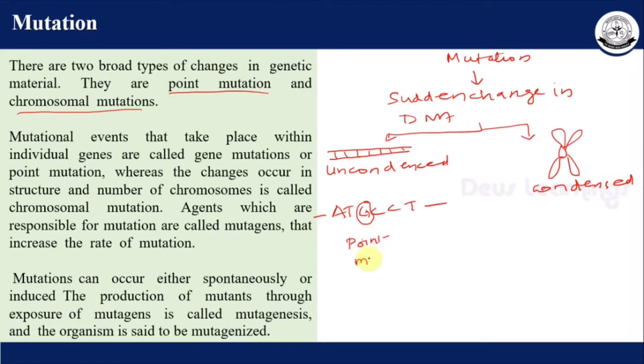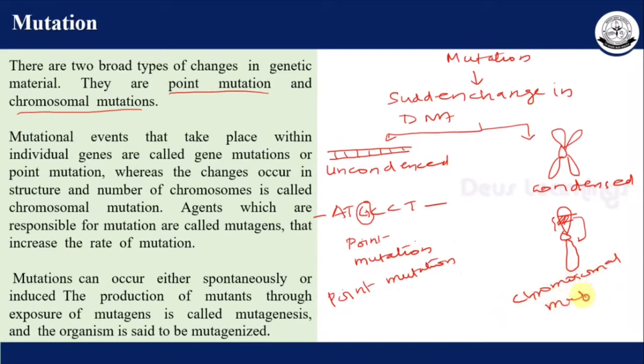If something happens to a segment of the chromosome, for example it moves from here to here, or it skips out or is deleted, those changes are known as chromosomal mutation.